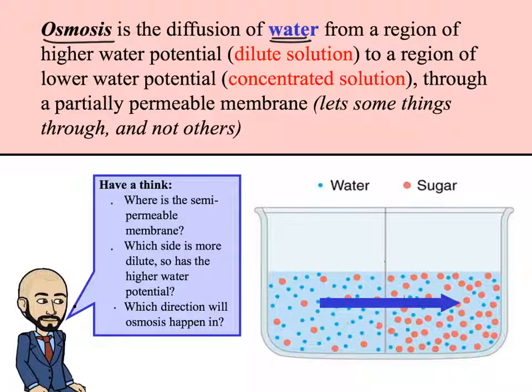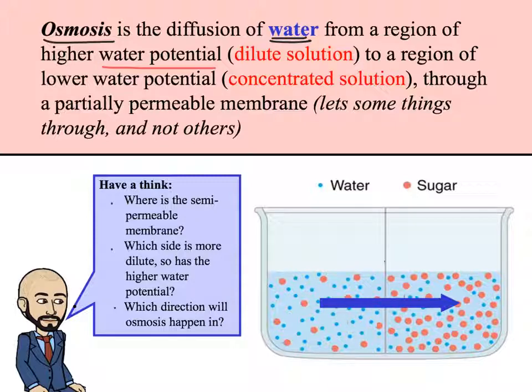So it's the movement or diffusion of water from a region of high water potential. Now notice we're not saying high concentration, we've just swapped the word. So this term water potential we use instead of concentration when we're talking about osmosis. So it still means ultimately where there's a lot of water.